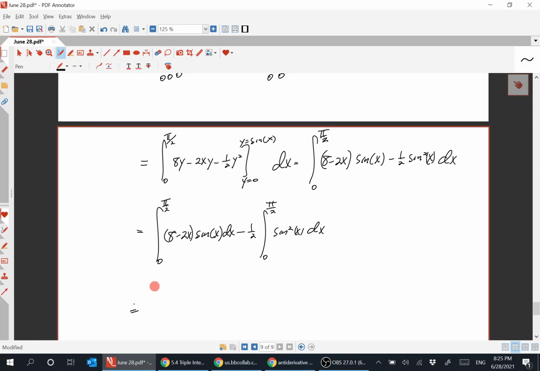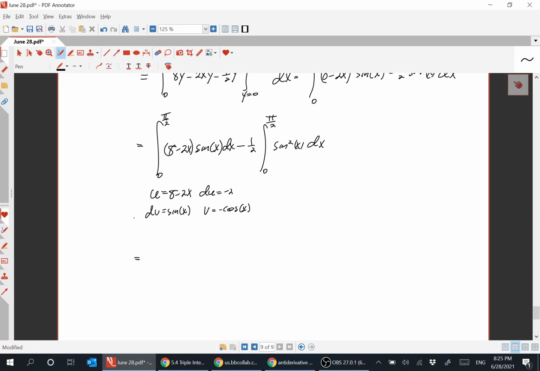This one, we're going to use parts. u equals the polynomial, dv is the trig function, so du is minus 2, and v is minus cosine.